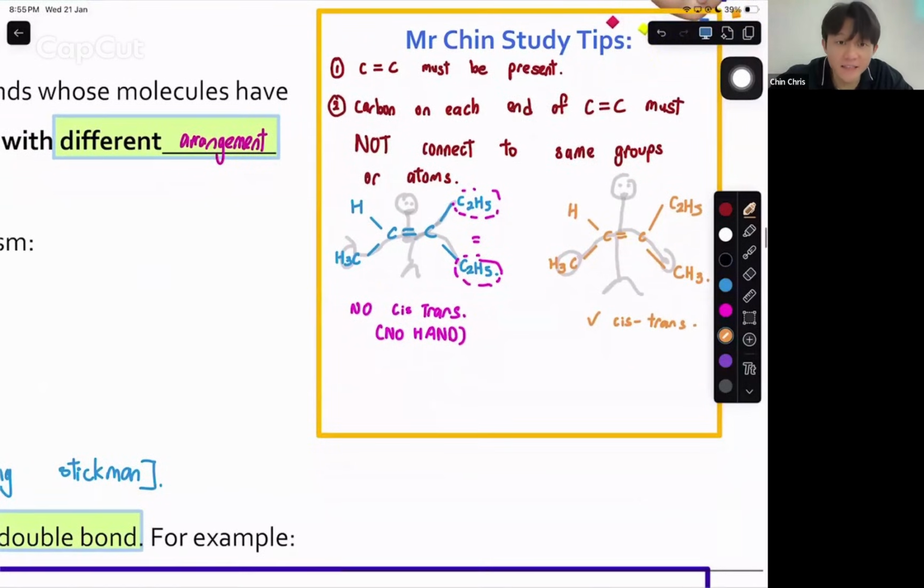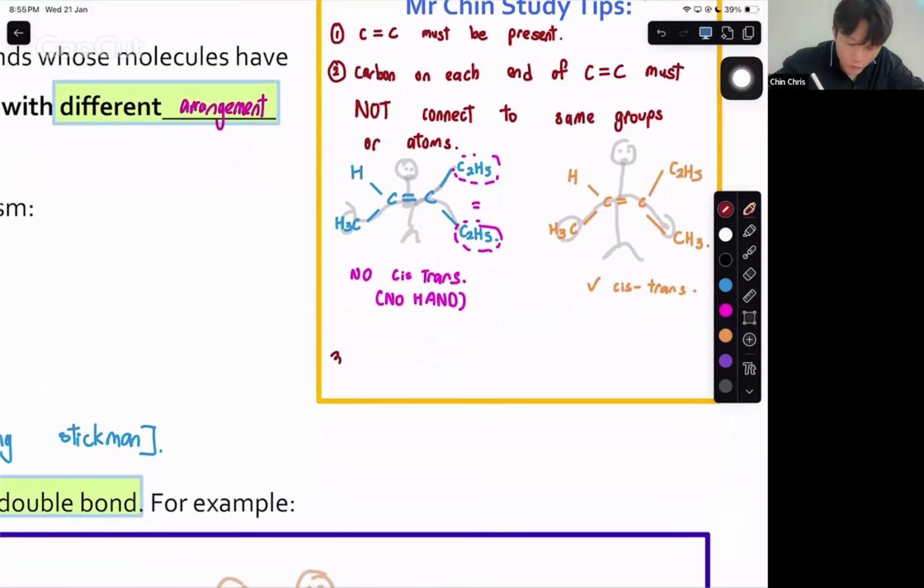All right, now the next thing is, guys, I want you guys to write this down. In a ring, if you see a ring, right, there's no way a C double bond C can show a cis trans.